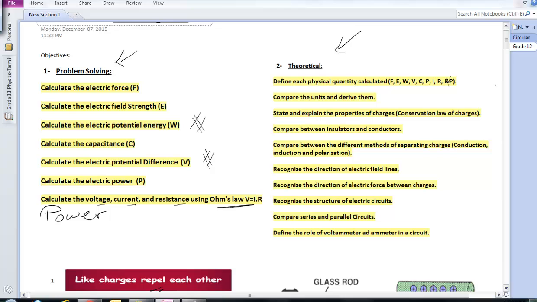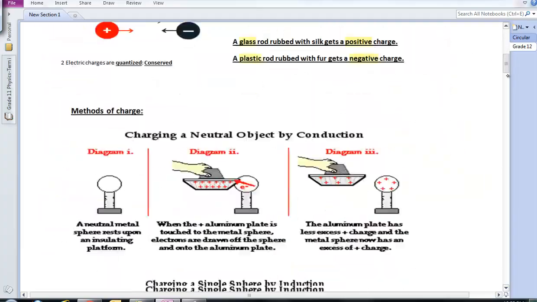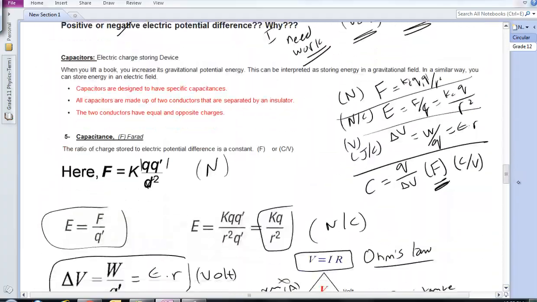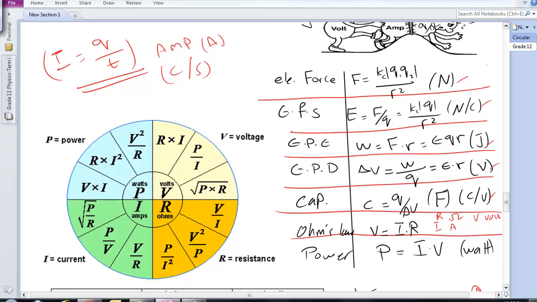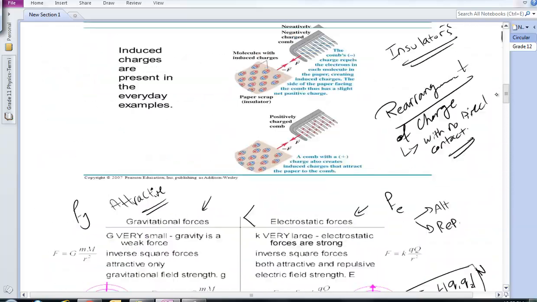Just say the law, write it and say it in words. Compare the units and derive them. We have made a list of all of the values that you need here. So these are all of the laws that you need with the units required.